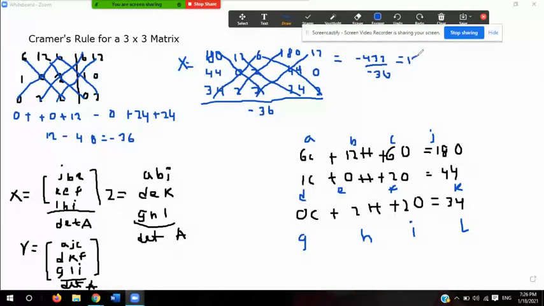Now what I'm going to do, just to hurry up, is skip through some of the steps. If we're going to look for the other value of the determinant, to find the value of y, we would say 6, 180.